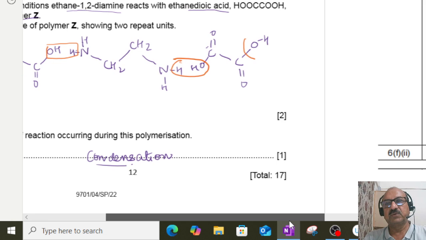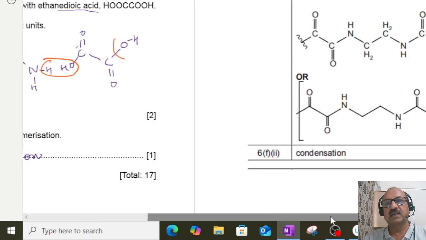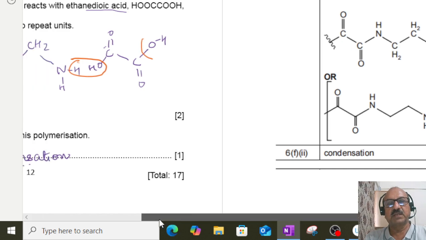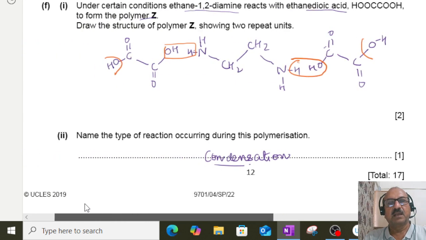You can see here that there are 2 molecules of the acid and 2 molecules of the amine, which form the 2 repeat units, and there is a zigzag carbon skeleton, and the NH groups face up and down. So this is how you will draw the repeat unit for the polymer.